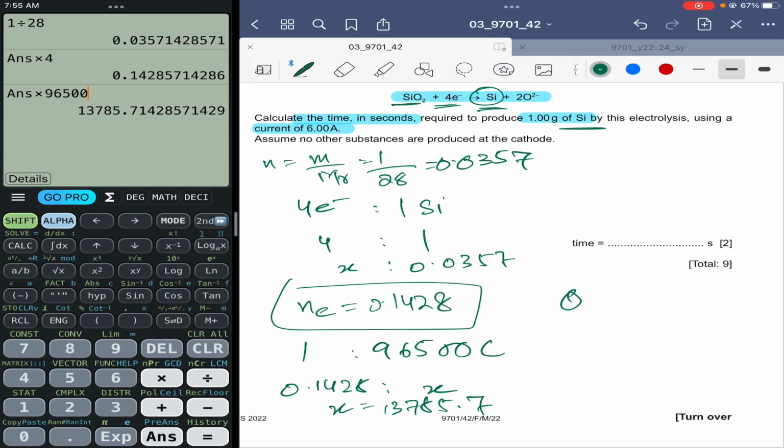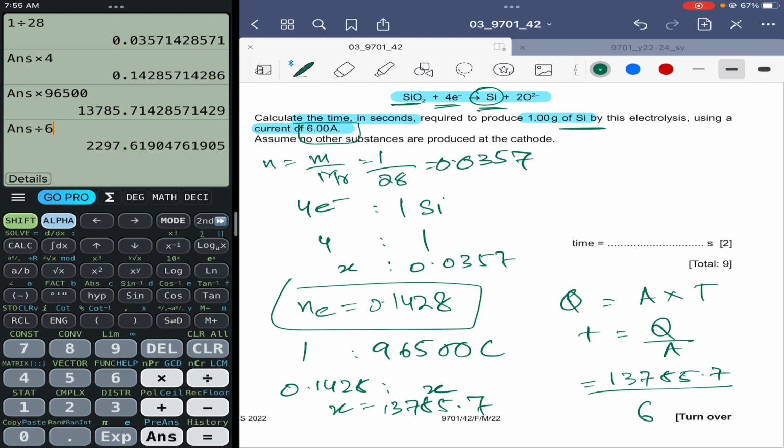So Q is equal to I times T, or time is equal to Q upon I. Right, so the charge was 13785.7 divided by the current. We pass 6 amperes of current, so this would be divided by 6, and the final answer is 2297.6 seconds.